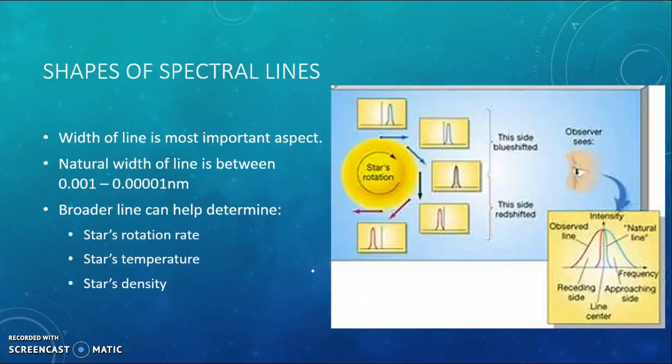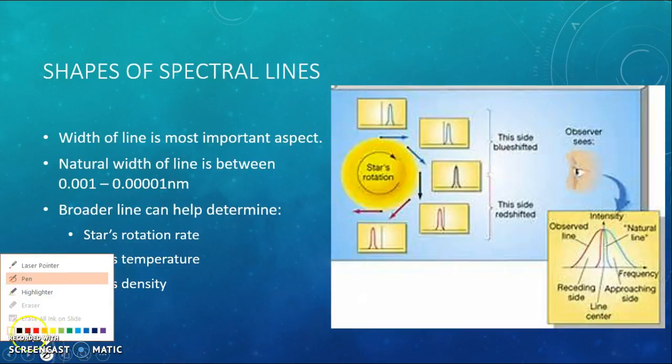Okay, so it's all just different things that you can pull out of these spectral images that we're going to be looking at. All right, so here's an example of the Doppler shift. I thought this would be really nice to see. Okay, so as the star is rotating towards us, we're over here looking. As the star, let me change that color again.